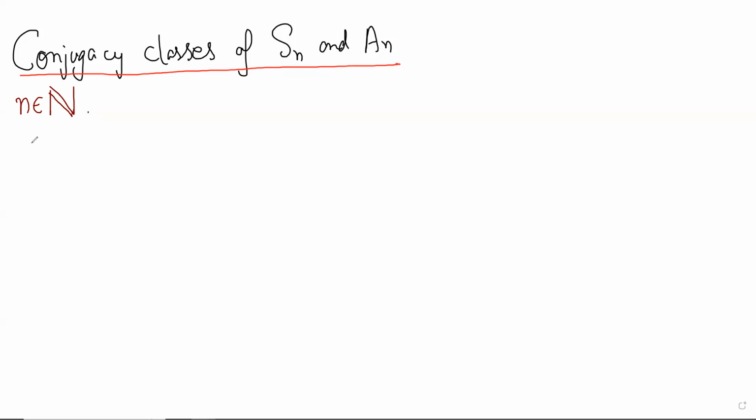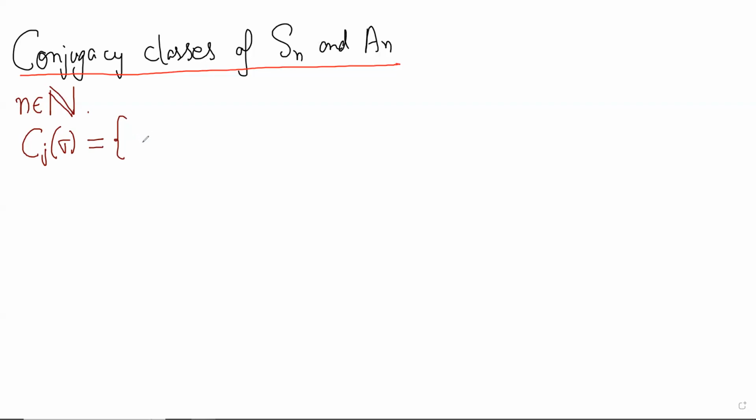So conjugacy class is a concept which is associated to elements of a group. I'll denote it by Cj of G, where G is an element, but in our case let's denote it by sigma because it is a permutation.